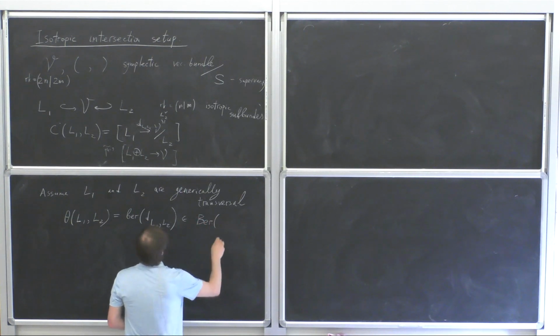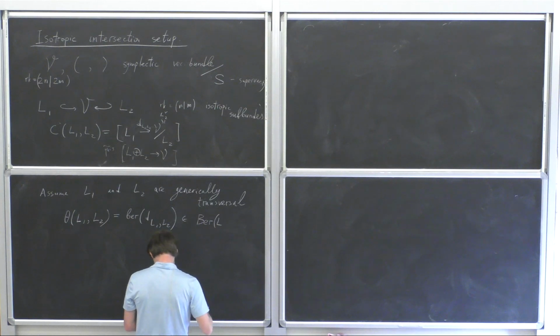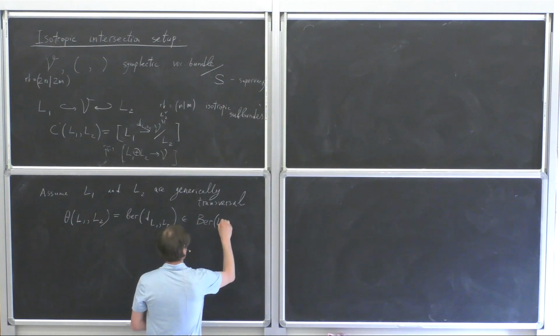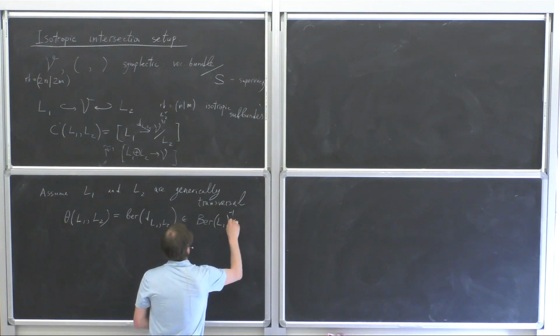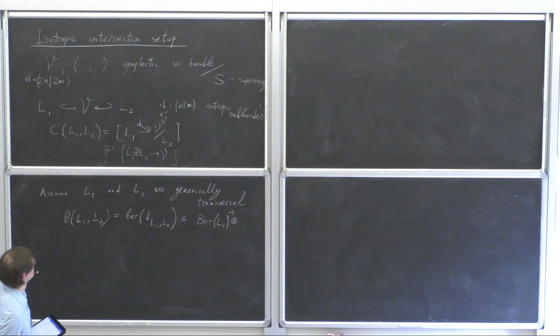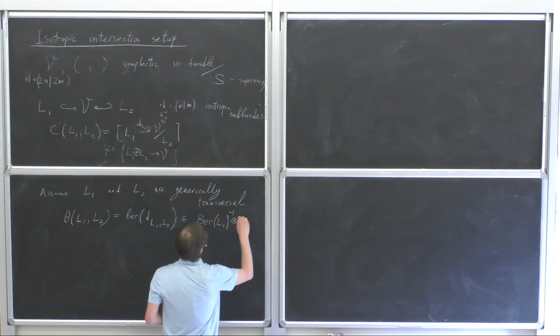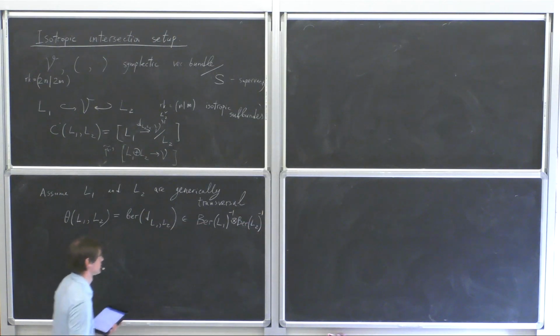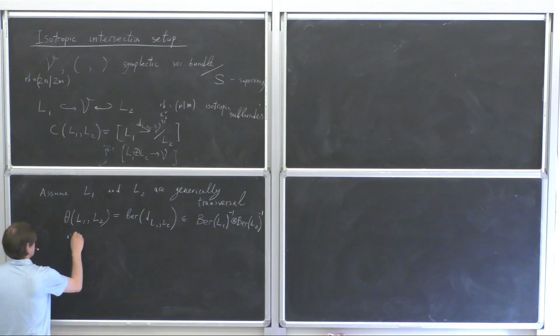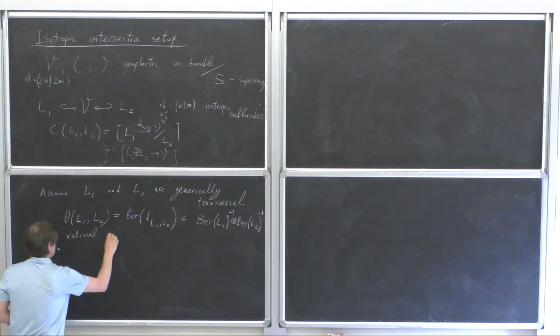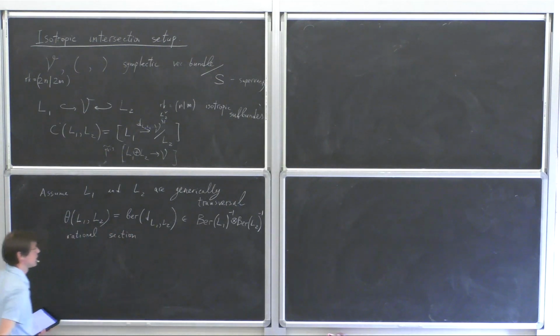We take the Berezinian of L1 dual, and the second line bundle is L2 dual, but the Berezinian of the dual is the same as the inverse. So here we'll have the Berezinian of L2 also dual. So it's a rational section, only defined away from the locus where L1 and L2 have non-zero intersection.